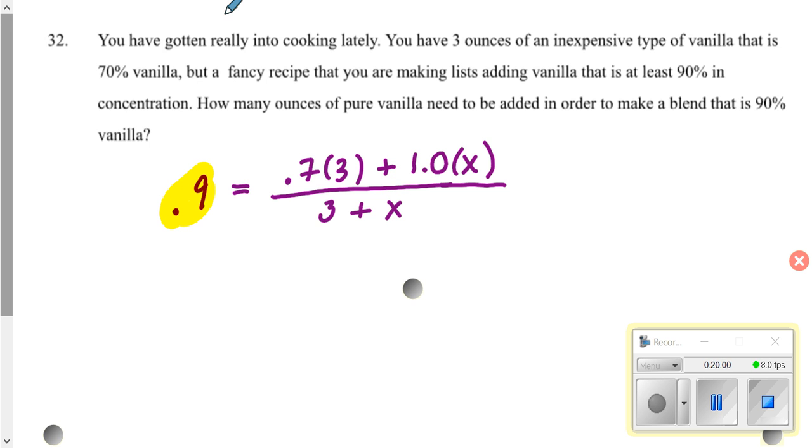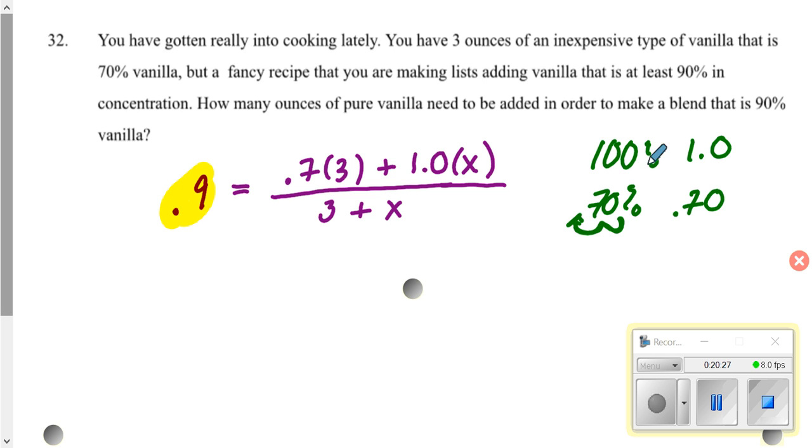So the part is I have 3 ounces at 70% concentration. I'm going to add X ounces at 100% concentration. Okay, now wait a second. Why is 100% 1.0? Well, 70% was 0.70, right? You move the decimal point over 2 places.